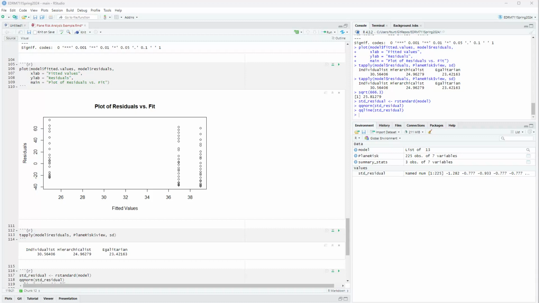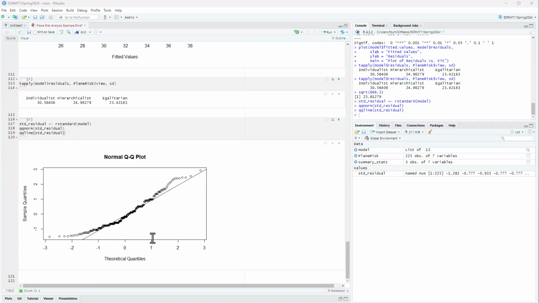But when we get into specific comparisons of means, as we're going to do, we're actually going to account for the possibility that we could have unequal variances. So I'm not too concerned about that at this point.